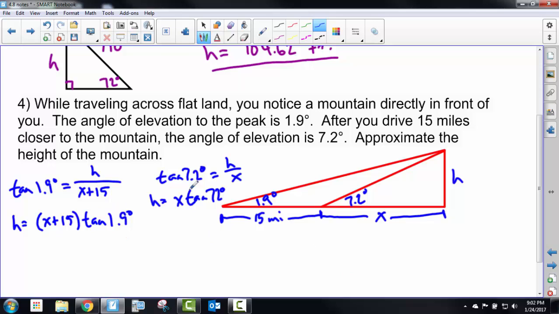Now, we've got two variables and two equations. I'm going to skip a little bit of work here to save some time, but what I find when I set these equal to each other and solve is that x is about 5.34 miles. Now it didn't ask us for x though, it asked us to find h.